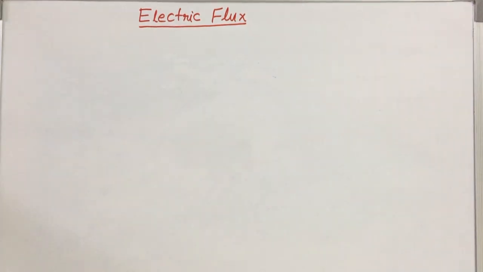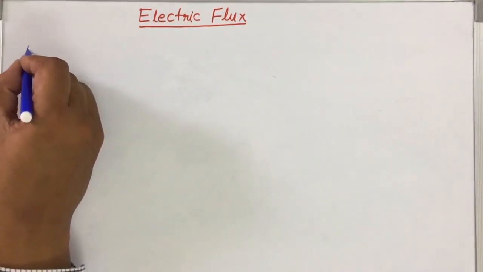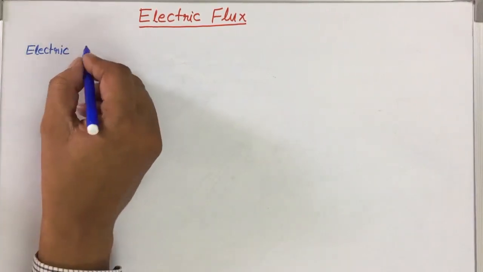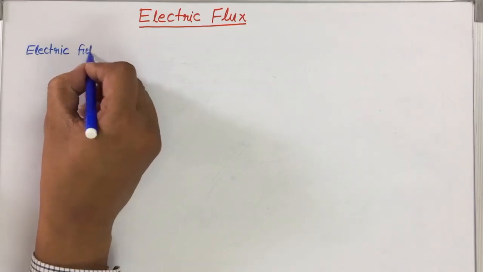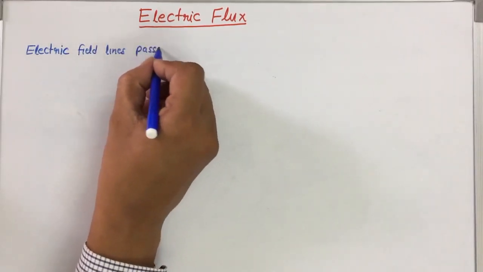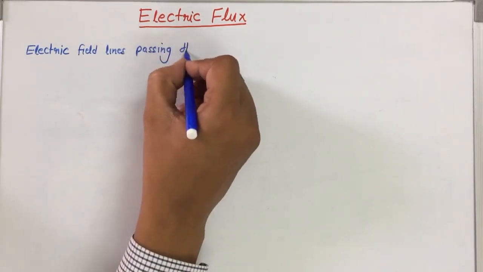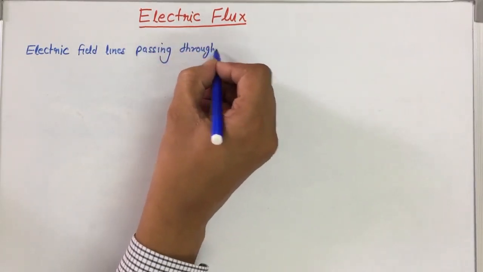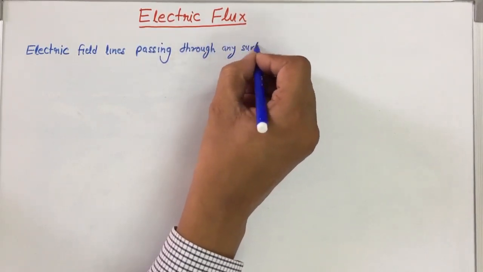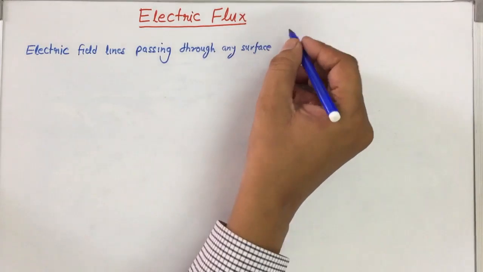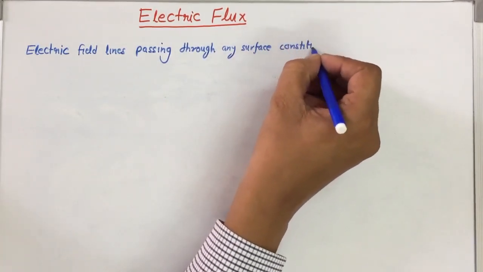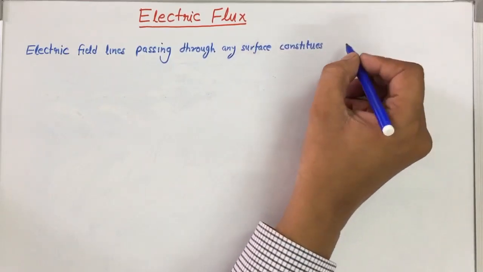In this way, we can write: electric field lines passing through any surface constitutes electric flux.